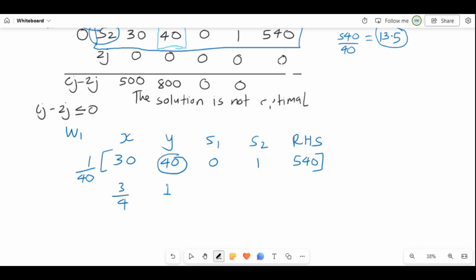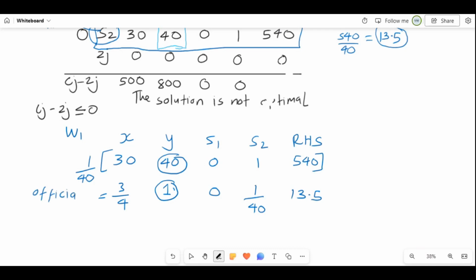This will be the 1 that we want. So this is our official pivot element, which now is 1. 1/40 times 0 is 0. 1/40 times 1 is 1/40. And 1/40 times 540, I think we already did that, 540 divided by 40, we say it is 13.5.